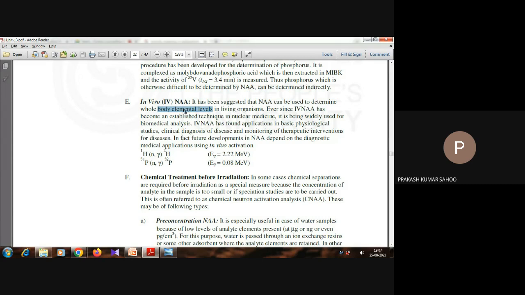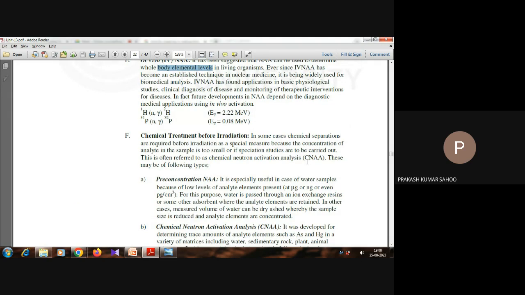In vivo means testing in a living organism, that is IVNAA, that is also established in the nuclear medicine field, and this is widely applied to biomedical analysis, physiochemical studies, clinical diagnosis, or monitoring of therapeutic intervention of diseases. So this is your proton bombarded with neutron to give deuterium and your gamma ray. So these things are there.